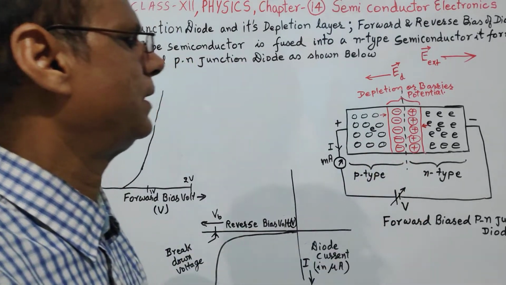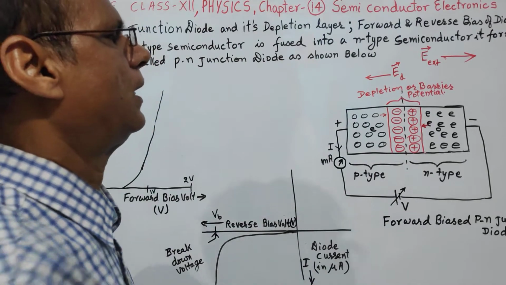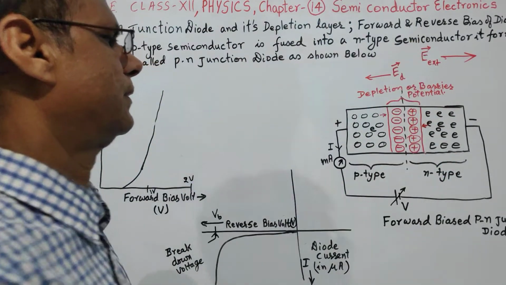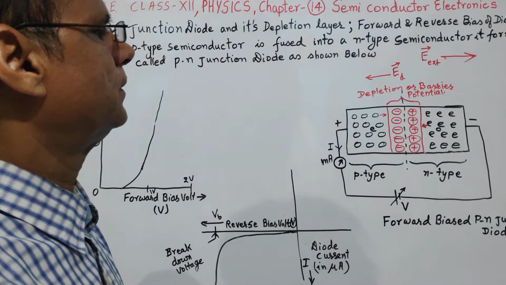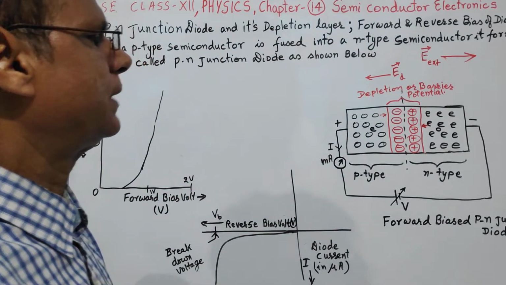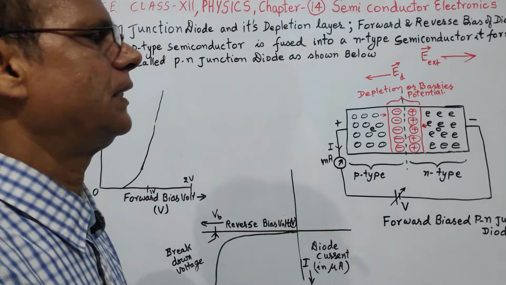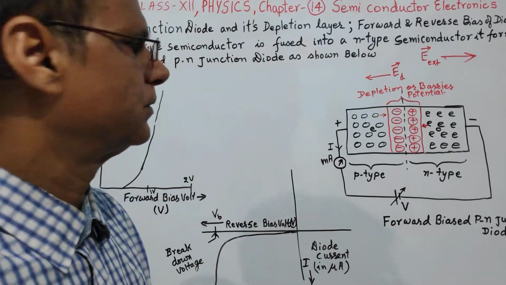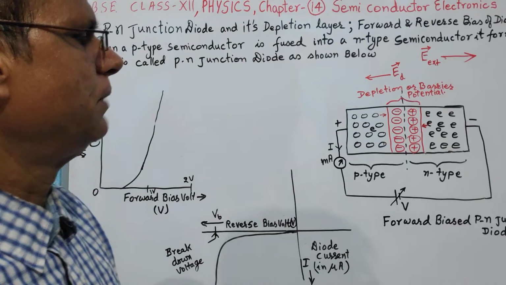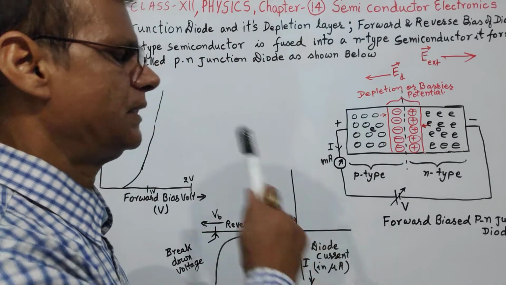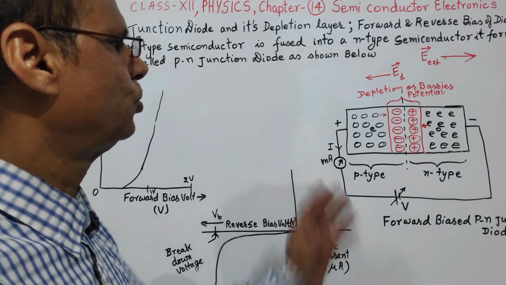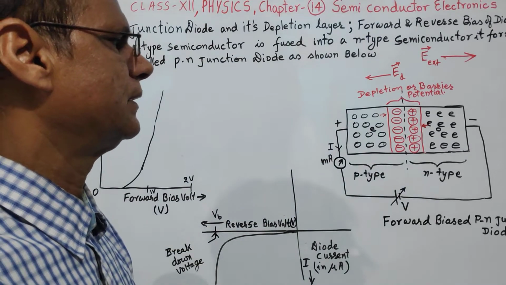The width of the barrier potential is reduced under the influence of external field, but it never becomes zero. The reduced value for a typical case of depletion layer is nearly 0.6 volt. So that means so long the forward bias is less than 0.6 volt, no current will flow through the junction diode.